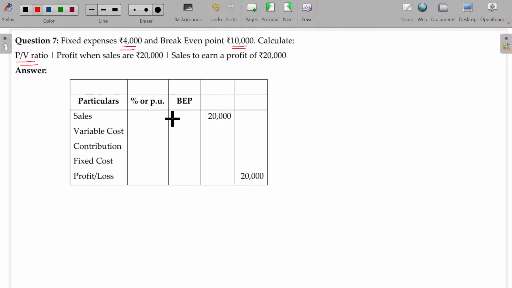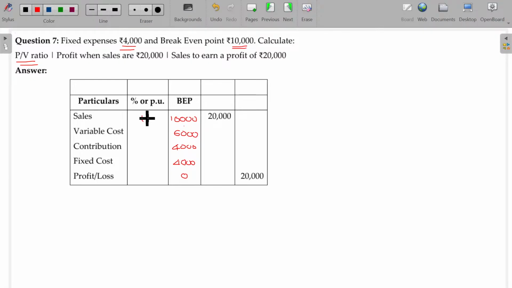So BEP being 10,000 rupees, BEP sales, and fixed expenses being 4,000 rupees. At BEP we don't have the profit. Then you can finish up the BEP column. Entire fixed cost becomes contribution at BEP level. The difference between contribution and sales, variable cost, being 6,000.